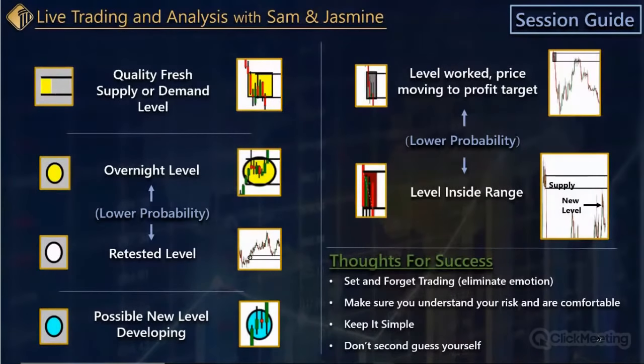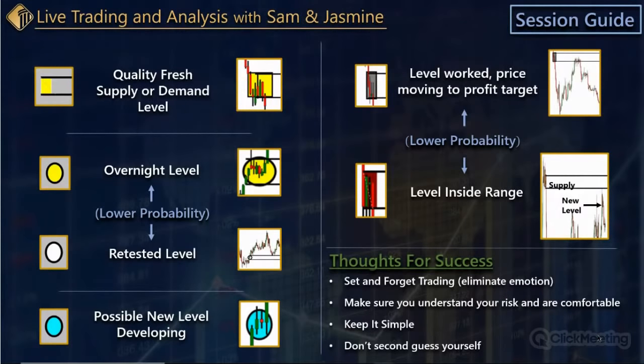Each price point represents a different amount of willing demand or willing supply. So let's say a demand zone is 5 points from top to bottom, and price only went 1 point into that level on the first pullback. Well, the other 4 price points, not one buy order in those has been filled yet. Does that make sense? So it's not necessarily that low of probability.